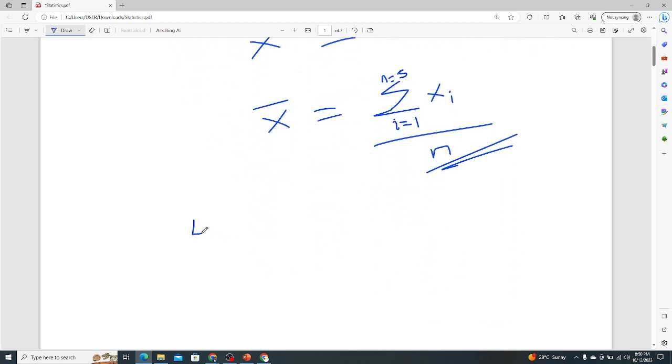When we come to Excel, we have an inbuilt function, which is AVERAGE, applied to the range of your data.